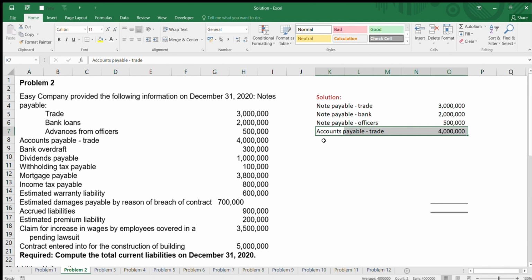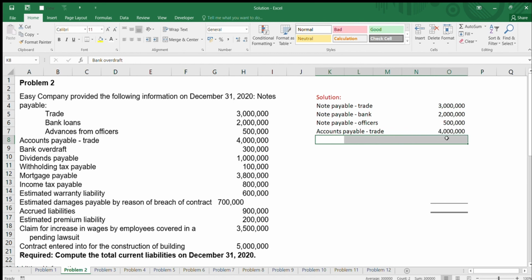That's why we call it a bank overdraft. So, since the cash balance went negative, right? We mentioned this before, if negative cash balance, it is not offset against a positive cash balance, right? But, it will be part of your current liability. So, that is included here.